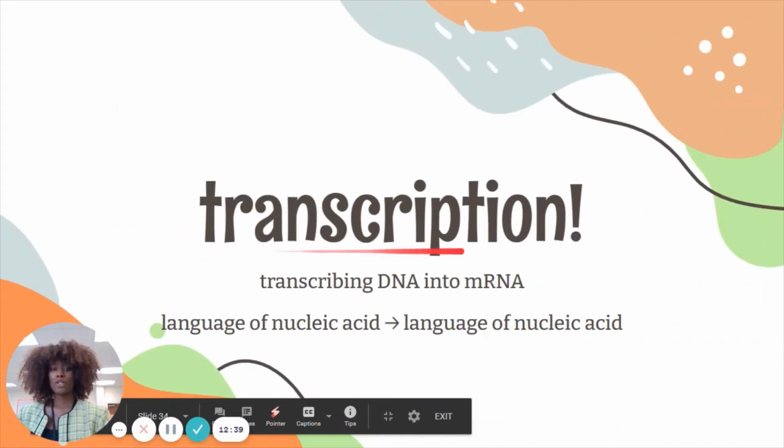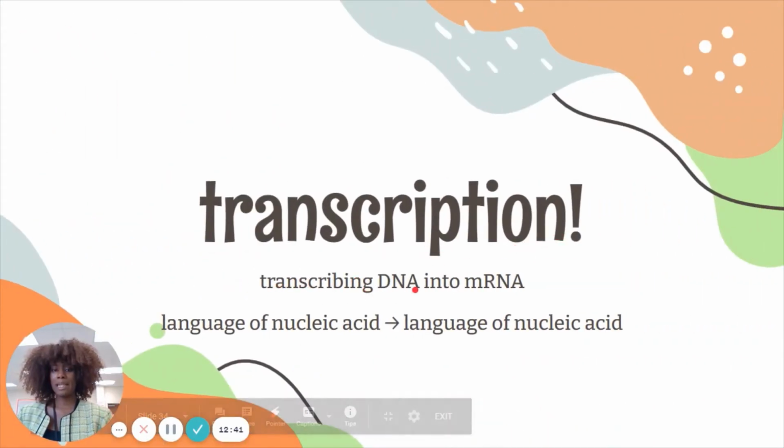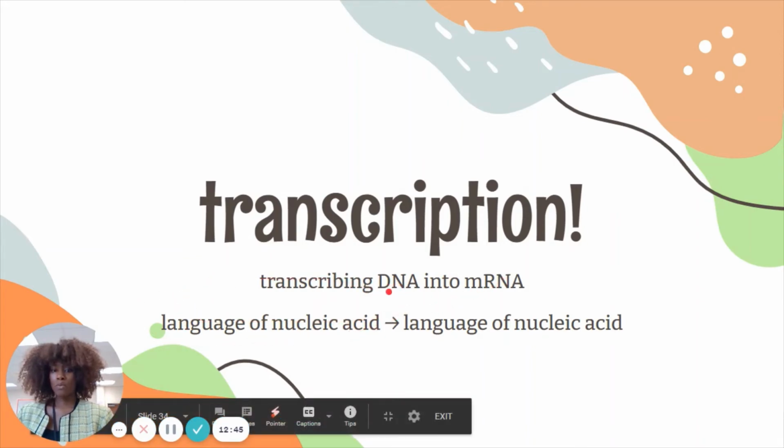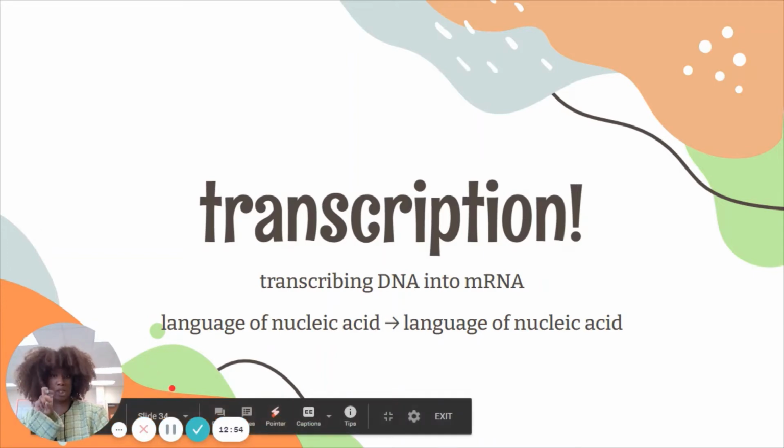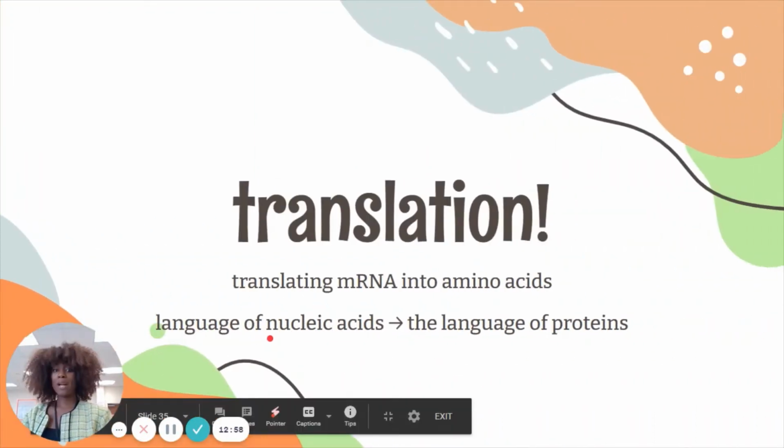So again, transcription is transcribing DNA into mRNA, going from the language of deoxyribonucleic acid into messenger ribonucleic acid. So they're still nucleic acid, so you're staying in the same language, you're just transcribing. While translating would be changing languages.